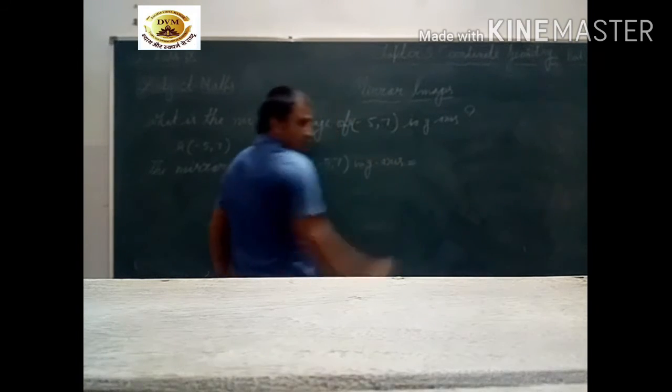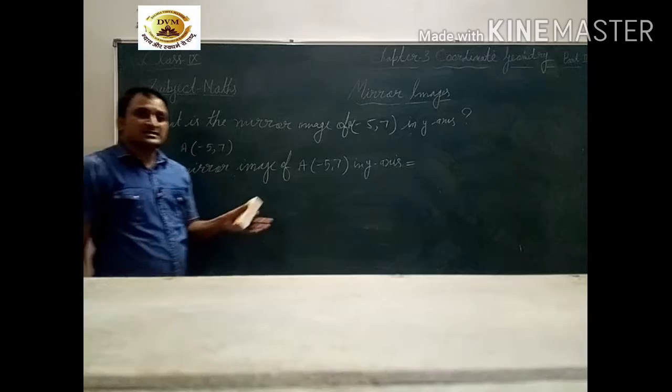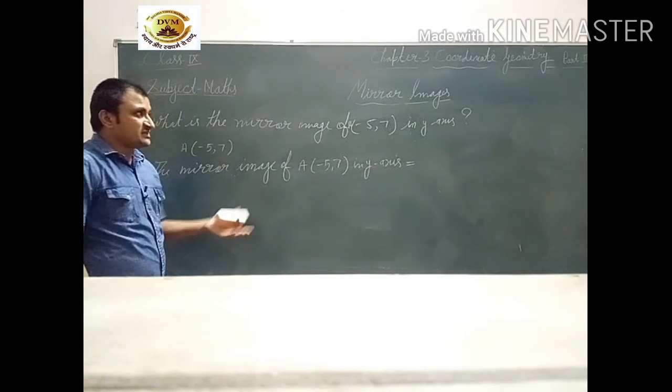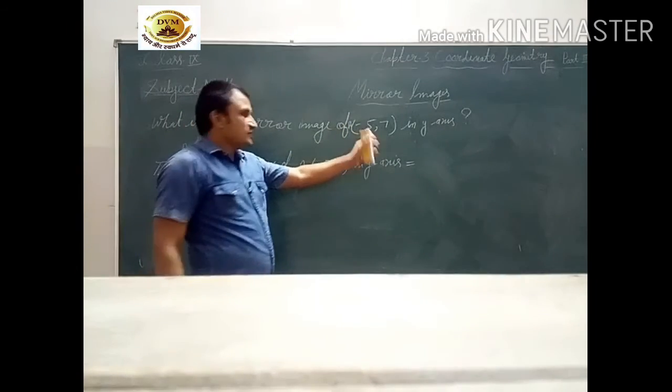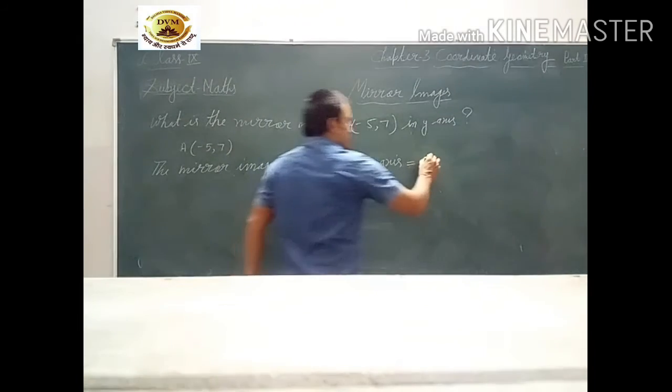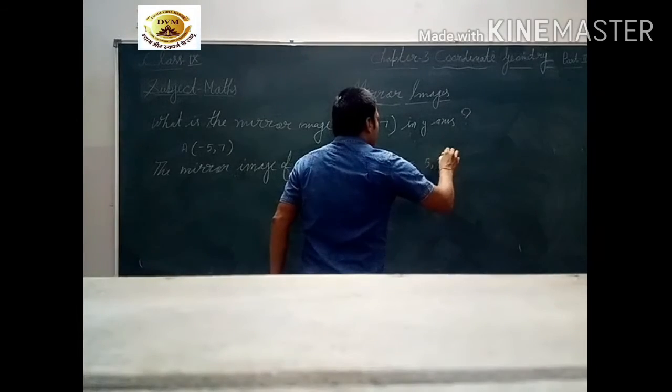I have told you, when we see the mirror image in y axis, we have to change the sign of the x coordinate. So its mirror image is 5 comma 7.